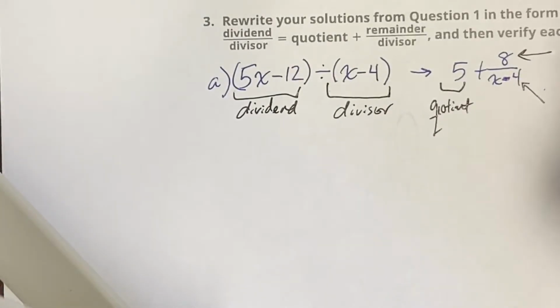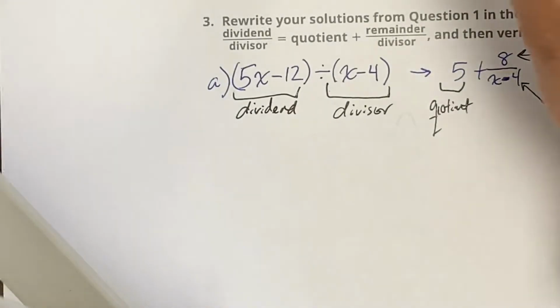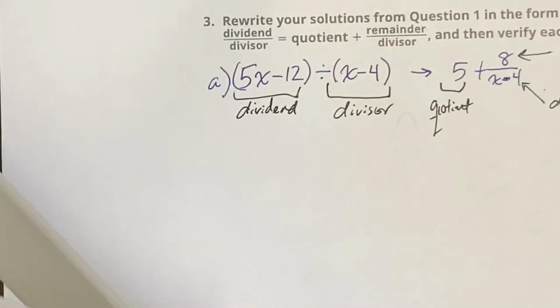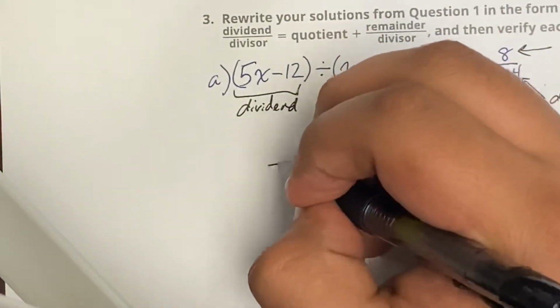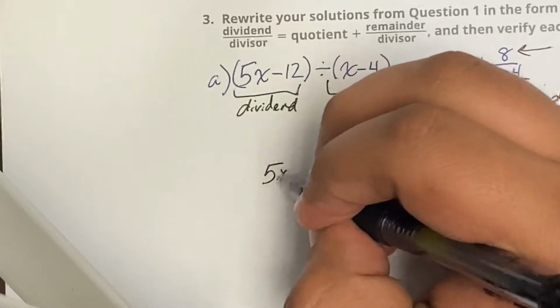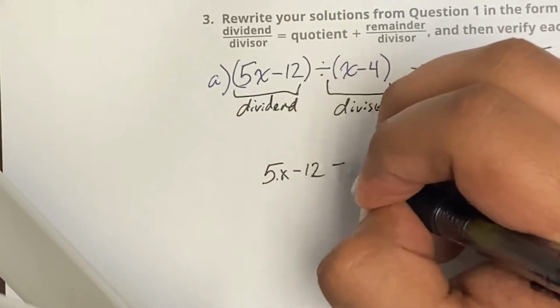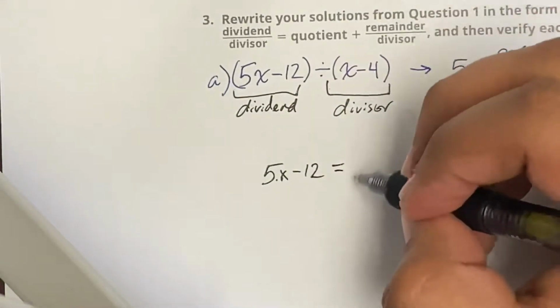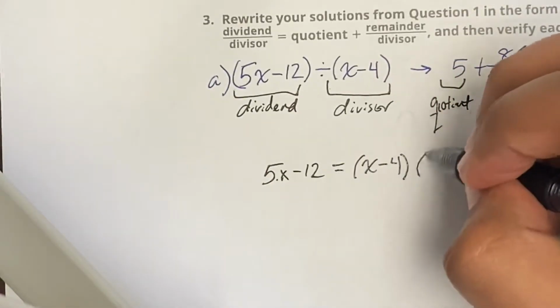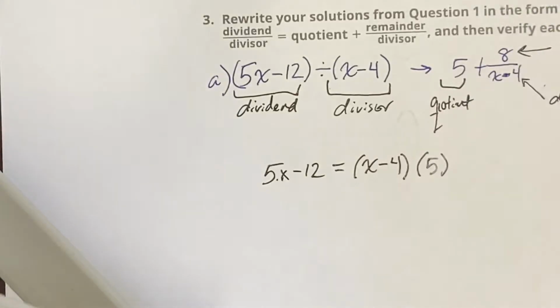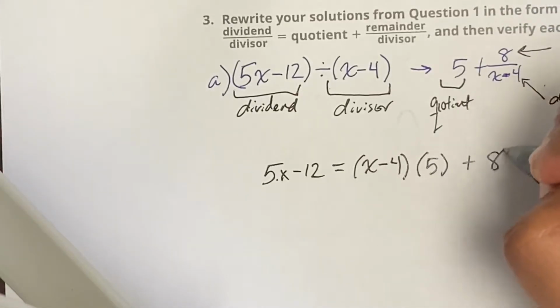And this is my divisor one more time. And we're going to use this to verify that we did it correctly. So we take our dividend, 5x minus 12, set it equal to my divisor times my quotient, just times 5, plus my remainder.